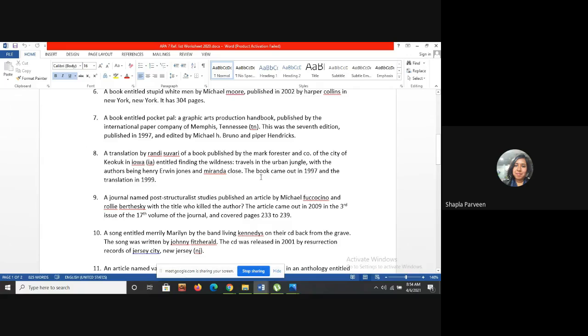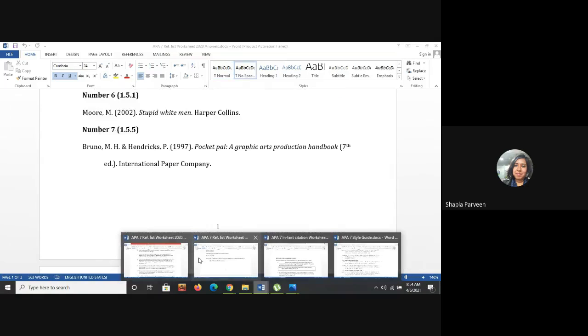The book came out in 1997 and the translation in 1999. Okay, so it's a translated work. It's a translation of a book. So the original name of the book is given, and the translator's name is also given.